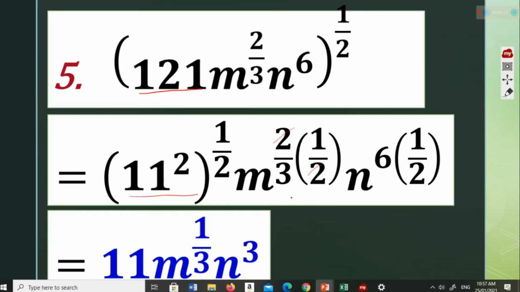So, matitira 1/3. Then, dito naman sa n raised to 6 raised to 1/2, 6 times 1 ay 6, and 1 times 2 is 2. And what is 6 divided by 2? 3. Kaya n raised to 3rd power. So, that is the final answer, 11, m raised to 1/3, and n raised to 3.